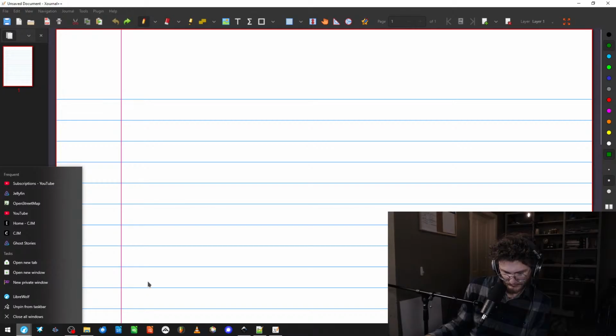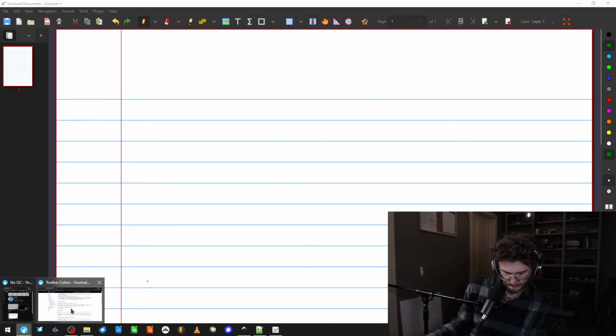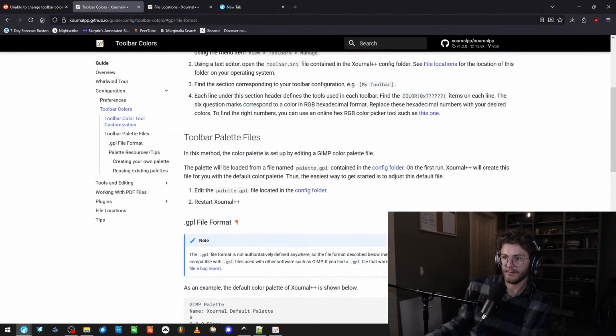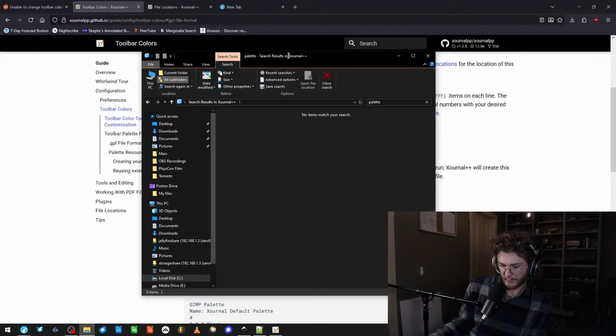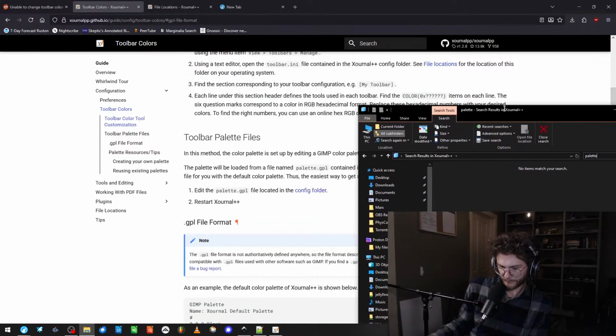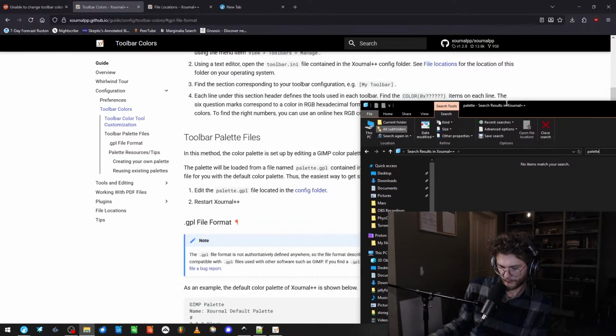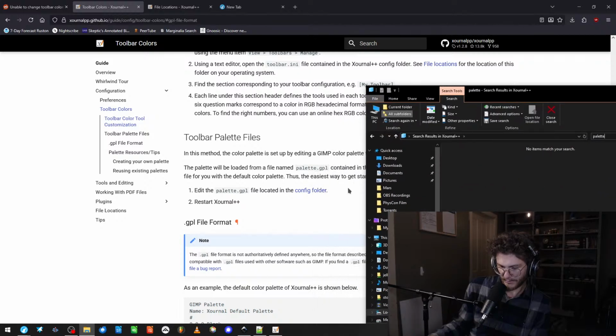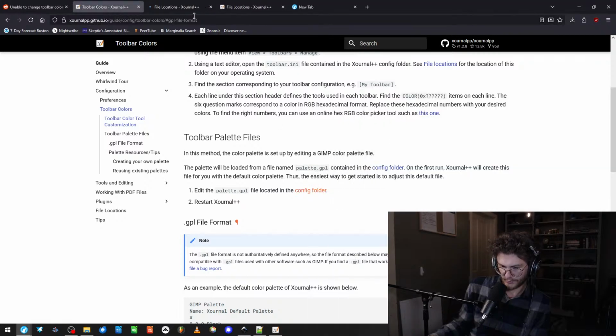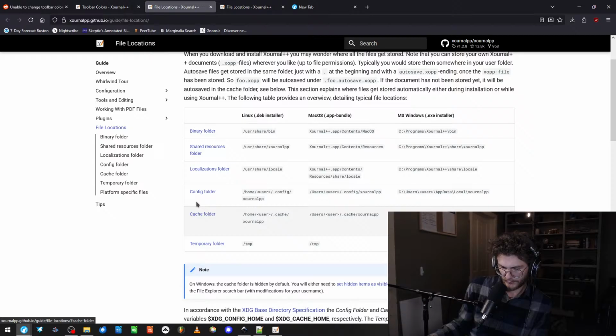What? Why is there no palette file? Palette. You know, items match your search. In the config folder, which... The config folder is... Oh, app data local.